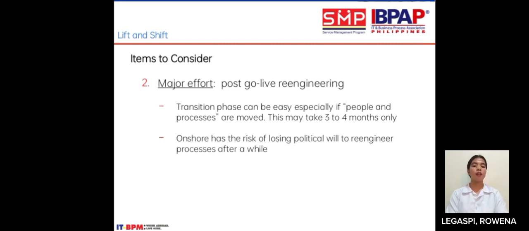The transition phase mentioned in the first option implies the period immediately after the system is launched. It suggests that if the people and processes are smoothly transferred during this phase, the transition can be easy and may only take around 3 to 4 months. The second option states that there is a risk of losing political will to re-engineer the process after a while, specifically in the onshore context.